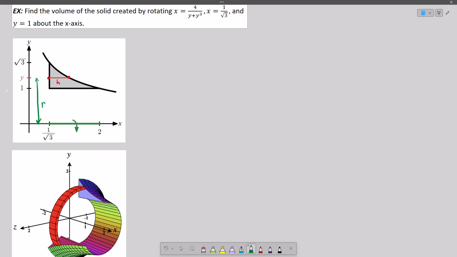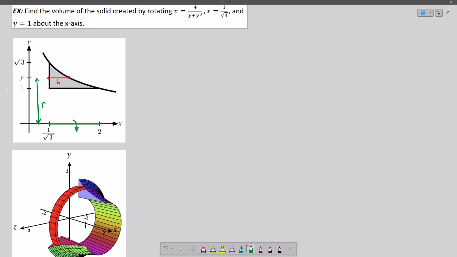If you don't know whether it should be a dy or a dx, then it's kind of hard to dig in right away. And so we want to have our basic principle that the thickness of a horizontal rectangle is dy, the thickness of a vertical rectangle is dx.